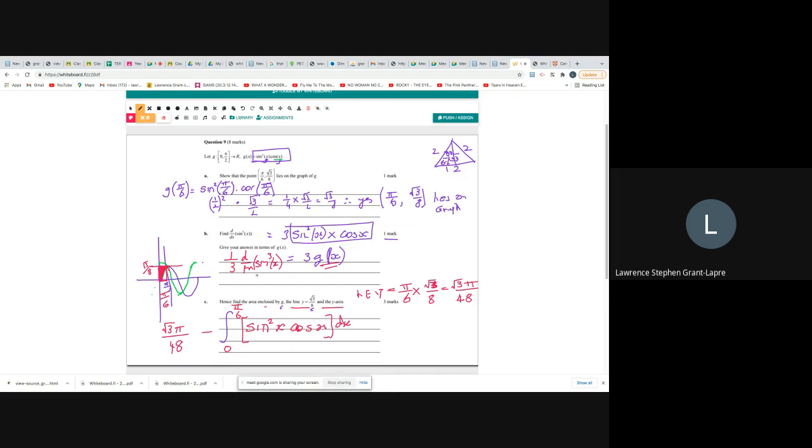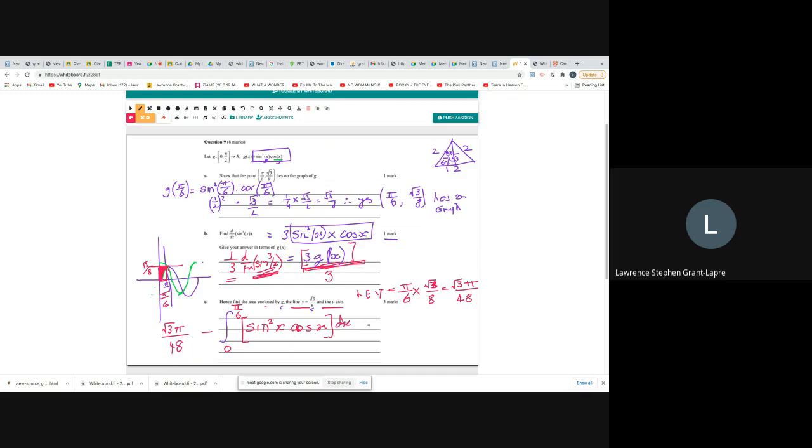So if I take a third of 3 g of x, I will get a third of sine cubed x.